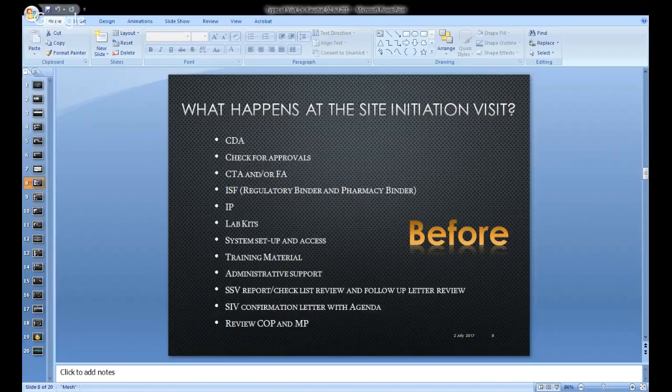But at times, we have also observed that some of the investigators are not really very comfortable in sharing the financial clause or the financial aspects with the team members or with the monitor, as they consider it to be very confidential. So in that case, all the financial aspects of the trial are under a different agreement altogether, and we call it a financial agreement, nothing but FA.